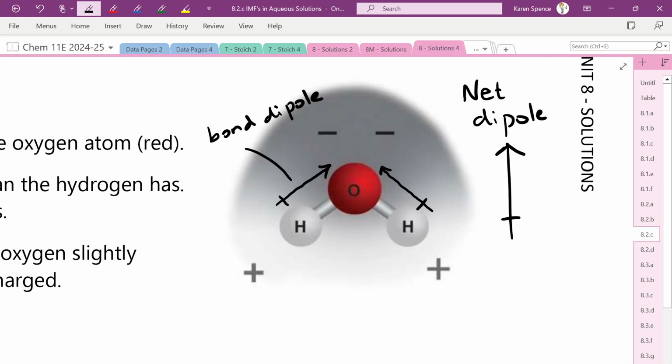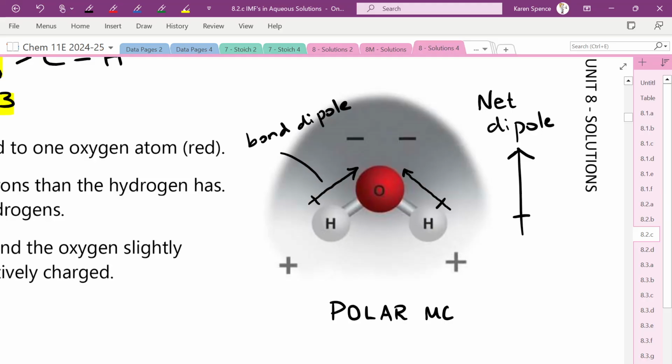And because we have a dipole, what kind of molecule is this? Is it a polar molecule or a non-polar molecule? Polar. This is a polar molecule. And remember, these are called dipoles because what does di mean?